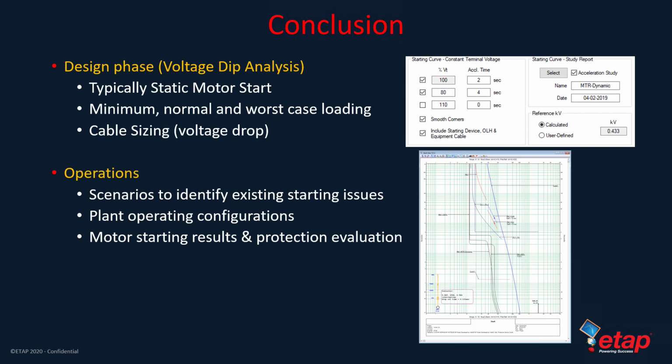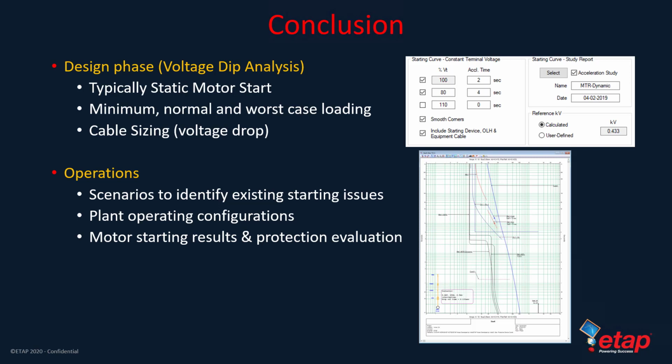In conclusion, ETAP offers the engineer the ability to perform motor acceleration at the design phase as well as during operations and during the life of the project. Under design phase, the engineer can perform static motor starting, model minimum, normal, and worst case loading conditions, and do cable sizing based on voltage drop.